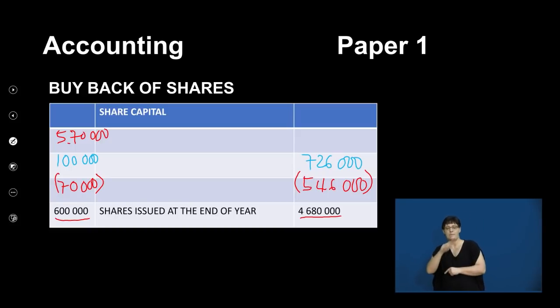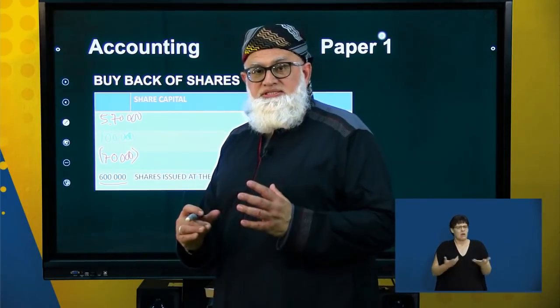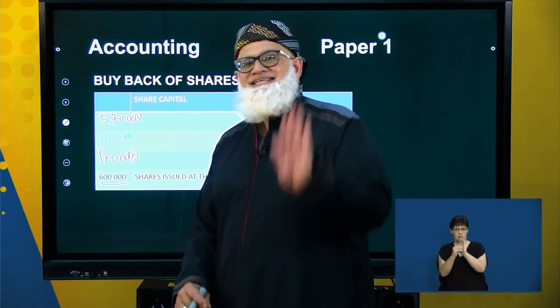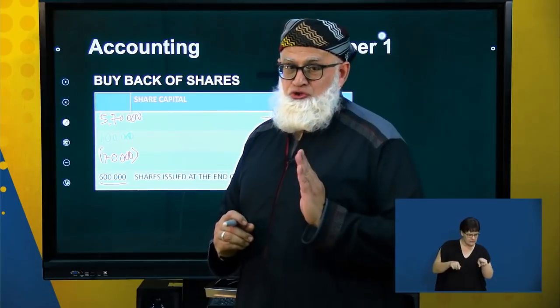With the values, we do the same thing. It's your 4,680,000, add 546 minus 726, and obviously that's going to give you the value of your shares at the beginning of the year. Okay, guys, what is important is when you are doing this note here, you need to ascertain which balance is given to you.